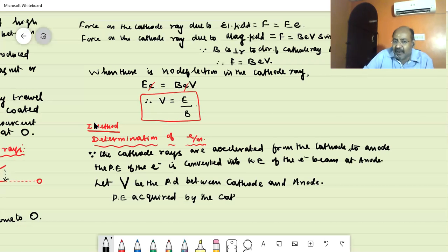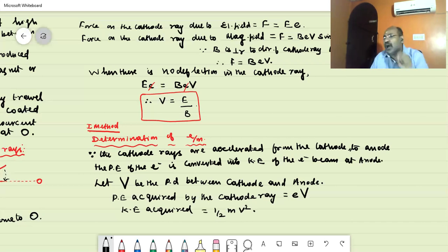We might have studied about the potential energy of a charged particle in lesson number 1, moving a charge from infinity to a point against the electrical force. So we can say potential energy acquired by the cathode ray is equal to the charge of the electron E multiplied with the potential V. What is the kinetic energy? Then the kinetic energy acquired is given by the general formula, which is equal to half into m into v square.